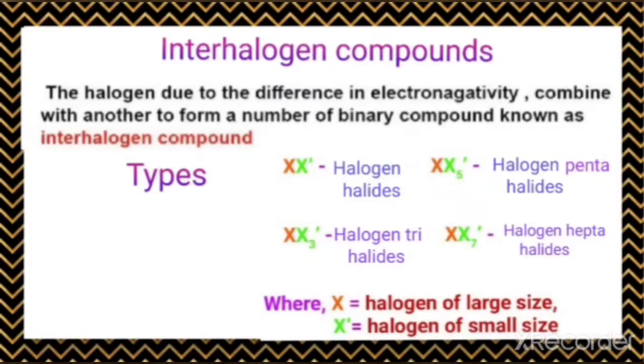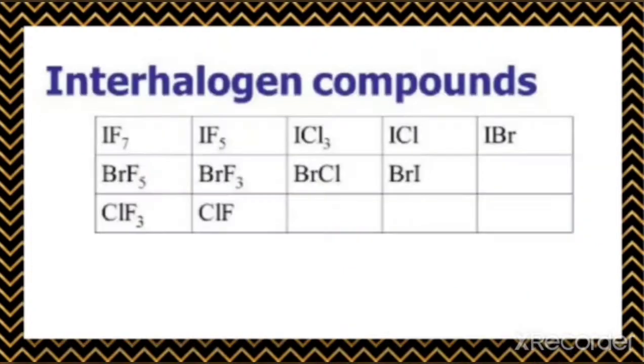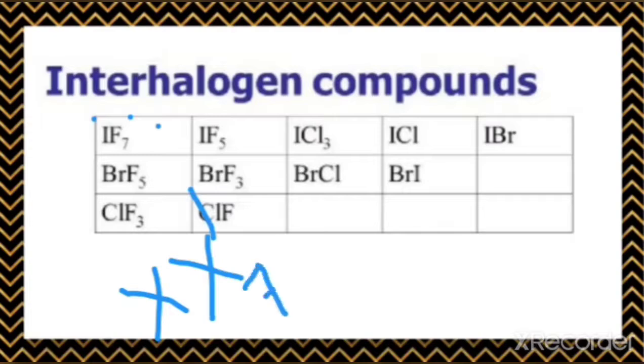Let us see some examples of these. That is IF7. You are familiar with IF7. Look here: F is smaller in size and I is greater in size. So in the formation of XX dash 7, X dash should be the smaller one. Next example, IF5. There also F is smaller, therefore it forms IF5.